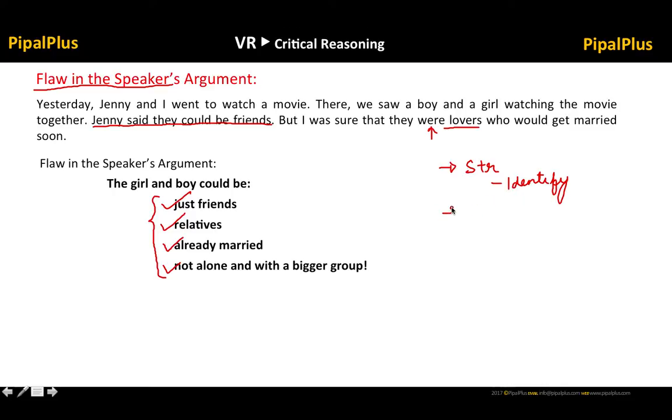And then we have gone on to discuss the question types, which range from identifying what the argument is, identifying the role of each sentence in the argument, or for that matter, finding the flaws in the argument, or strengthening, weakening the argument.